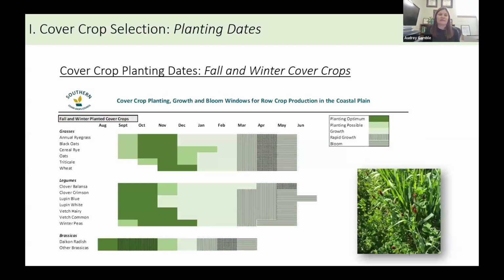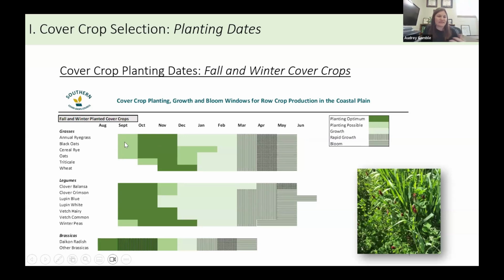Okay, so like I mentioned, we have ideal planting dates for certain cover crops. This is a chart from the Southern Cover Crops Council, which I'm a part of. It's a group of farmers, research scientists, and extension from throughout the Southern region, and we work to generate materials related to cover crop management. This chart shows, for some common fall and winter planted cover crops, the timing when planting is optimum, shown in dark green, and when it's possible but maybe not optimum, in lighter green.